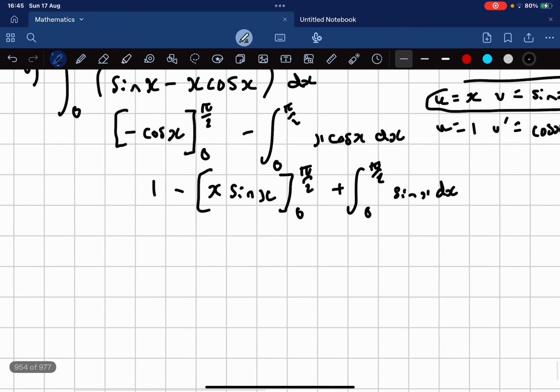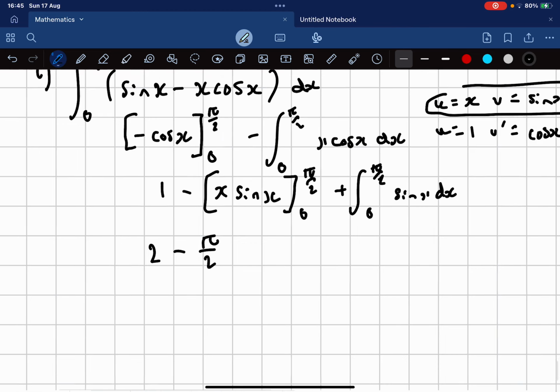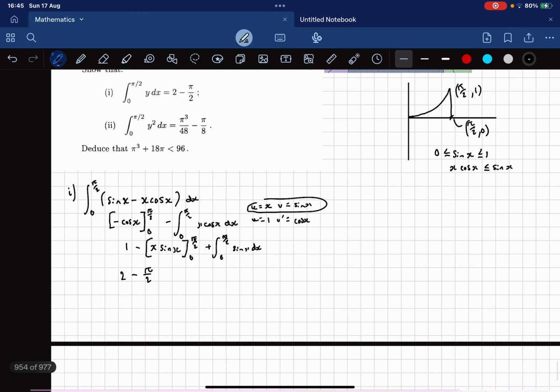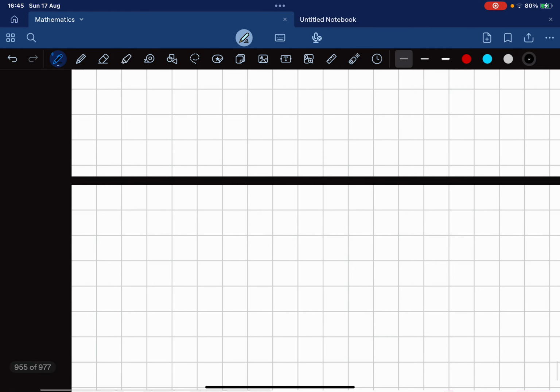So we're going to have 2 minus this. When x equals pi over 2, x turns into pi over 2, sin x is 1. So this is pi over 2, and then we should notice it turns into 0 when we plug in 0 as x. So that's correct. Very, very simple integral. Now it's a little bit harder.